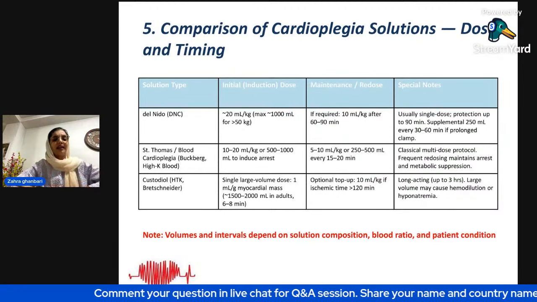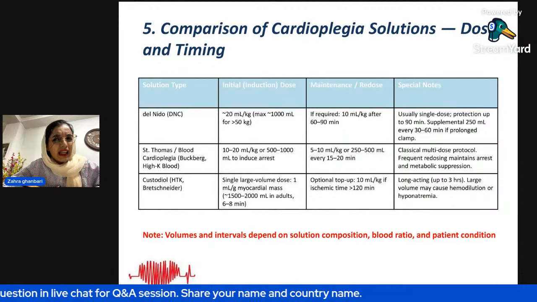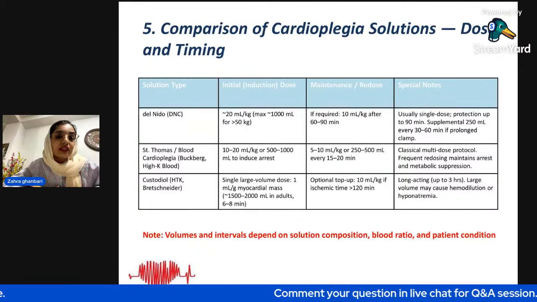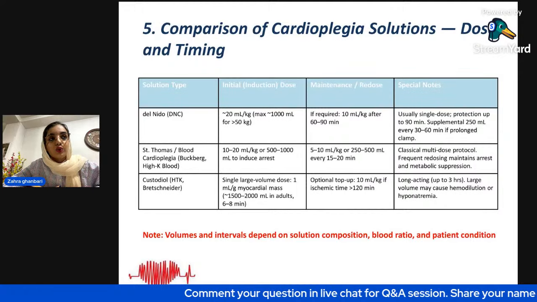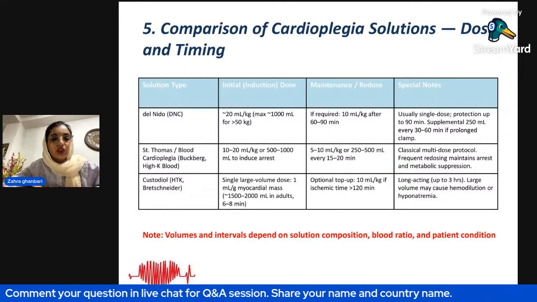But for a child, the initial dose is better to be 8 to 10 milliliters per kilogram. The maintenance dose is 10 milliliters per kilogram after 60 to 90 minutes, and we usually don't need to repeat the dose of Del Nido.